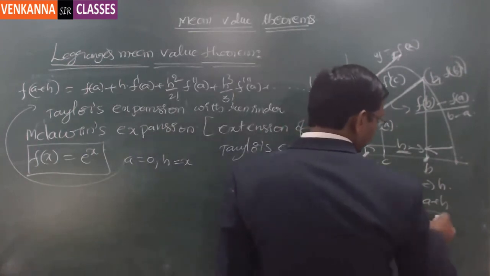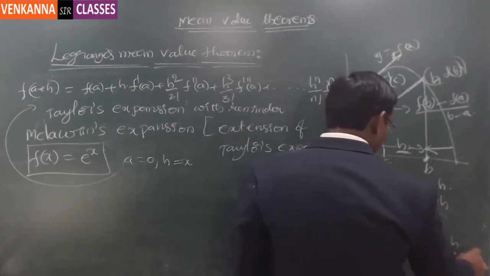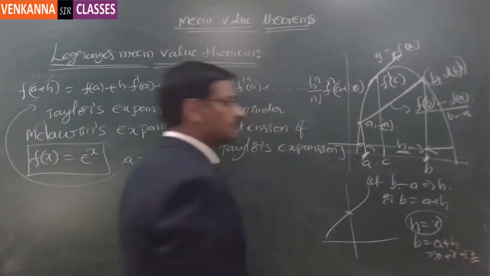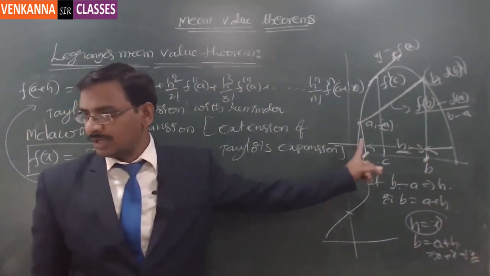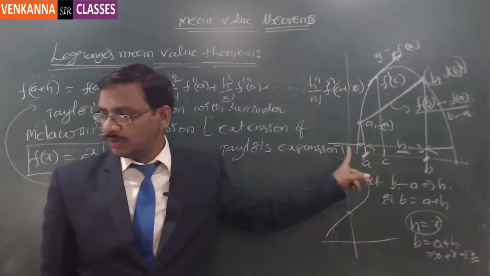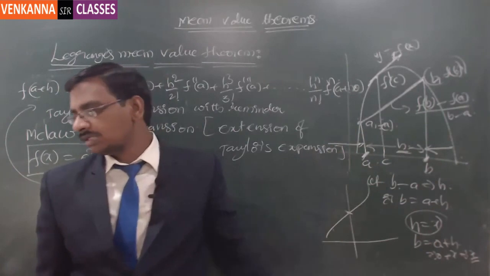So if h is equal to x, then b is equal to a plus h. So a is 0 and b is x. So b is again x. So this is the condition of Maclaurin series. That means you are starting with 0. Rather than expanding it in the general Taylor's expansion here, this is what we call the Maclaurin's expansion.